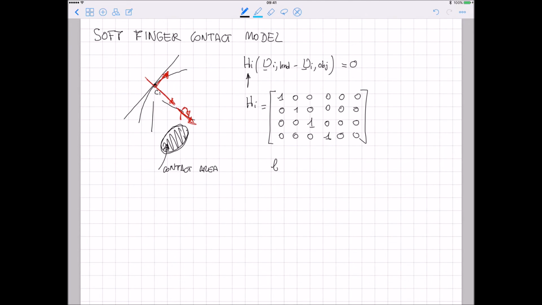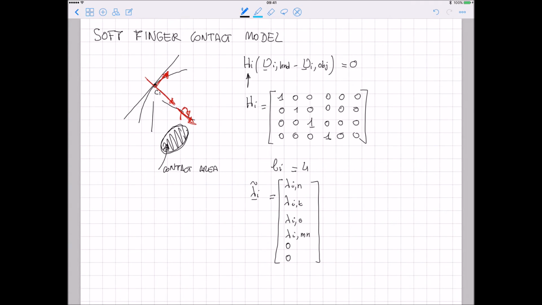In this case, I have that l_i is 4, and then the contact wrench is a normal force, two tangential components, and a component of a torque in the normal direction, and that's it.